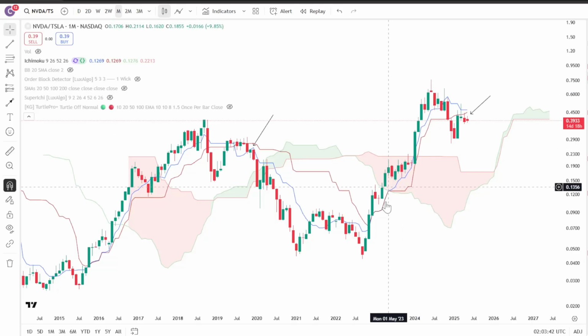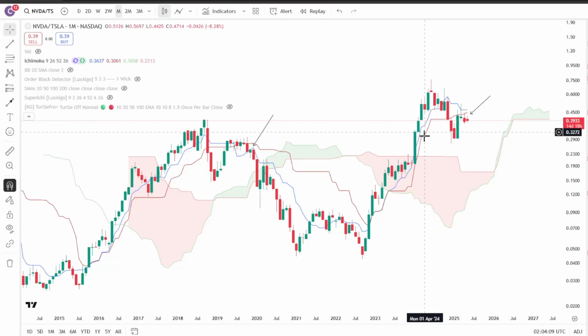Before that, before the significant outperformance of Tesla over Nvidia from 2019 to 2021, it basically broke down underneath the Tenkan Kijun and had a bearish backtest. Once it could no longer break above it and got rejected very clearly, that's when you have a big giant plummet, right?